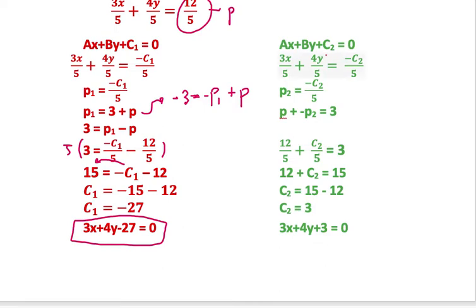We have ax plus by plus c sub 2 equals 0. So, 3x over 5 plus 4y over 5 equals negative c sub 2 over 5. So, this is our p sub 2. Okay. So, p plus negative p sub 2 equals 3. So, take note.